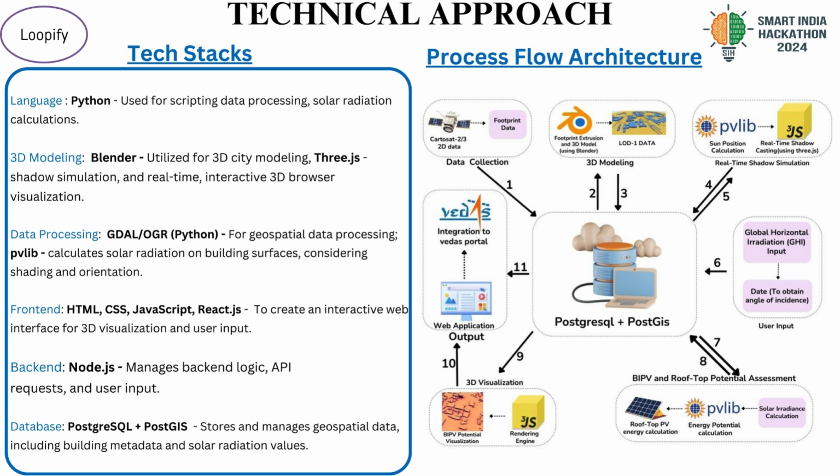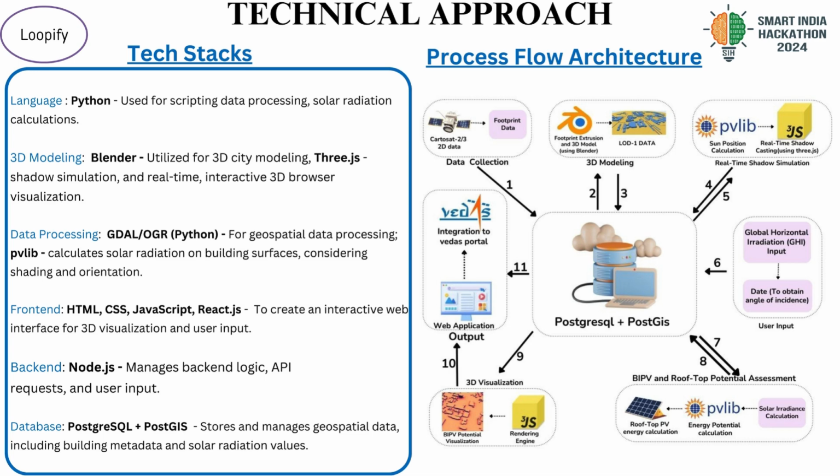Once the shadow simulation is complete, the user inputs are collected. The user is required to enter the date and the global horizontal irradiance values, which are used to calculate the angle of incidence and the corresponding solar energy potential. After that, using these inputs, PVlib calculates the energy potential for BIPV and rooftop photovoltaic systems.